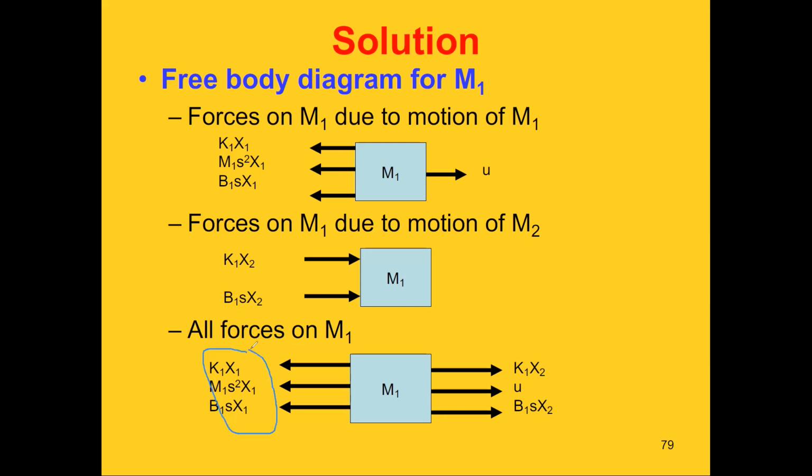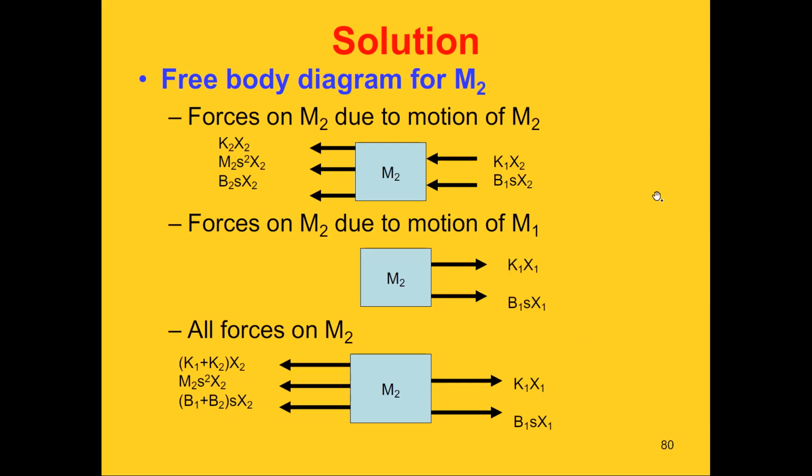K1 X1 plus M1 X1 double dot plus B1 X1 dot equals K1 X2 plus U of T plus B1 X2 dot. Very good. So M2 is also the same.